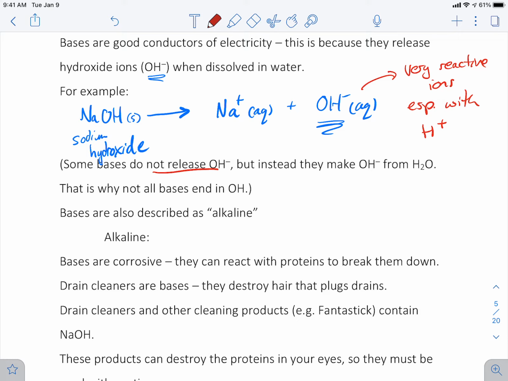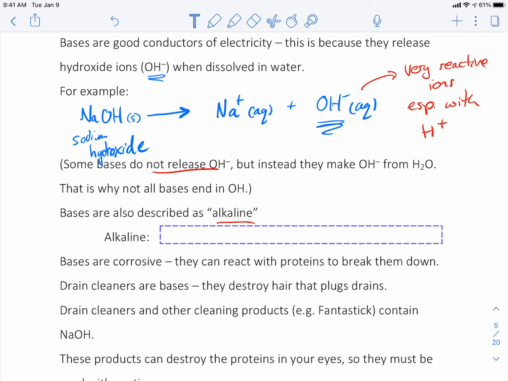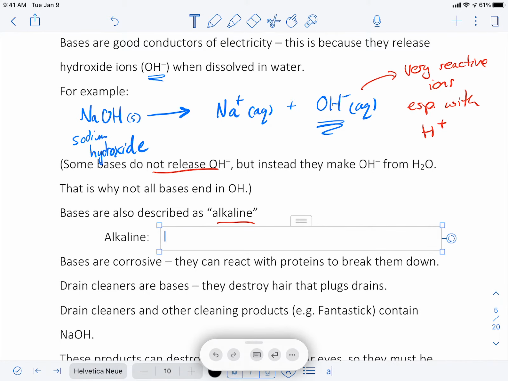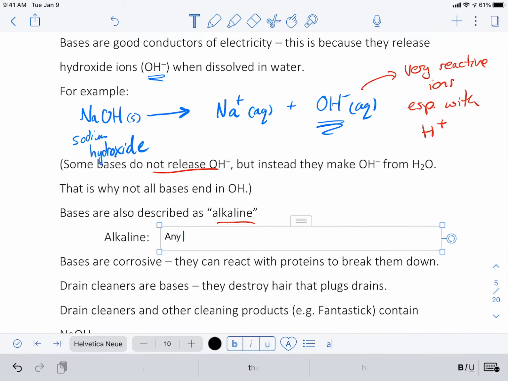Bases are described as alkaline. So you might be familiar with some alkaline products like alkaline batteries. These are batteries that have basic components to them. So alkaline is described by a statement that maybe doesn't make a lot of sense yet, but it's going to make a lot of sense by the end of our unit here, and that's any solution with a pH over 7 is considered alkaline.